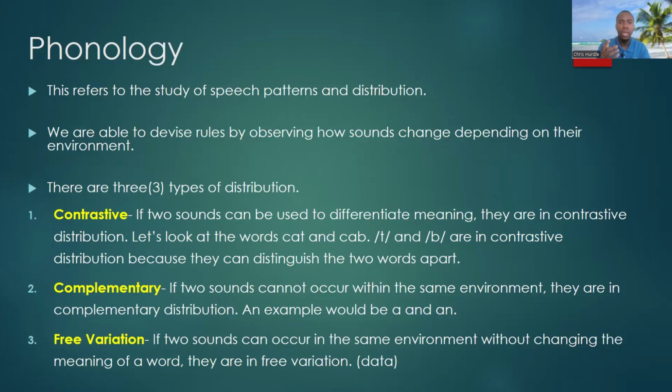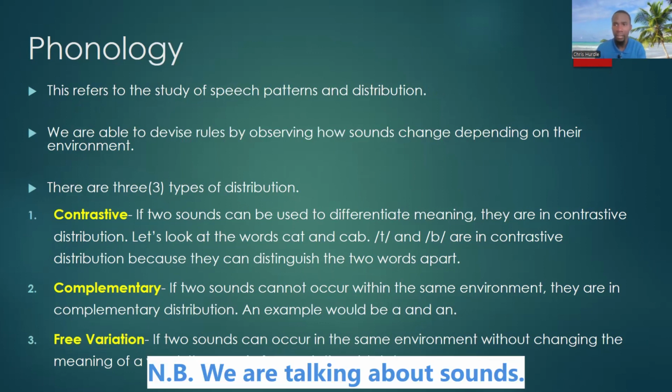An example would be a and an. We already know that in English, a is followed by a consonant and an is followed by a vowel. So if we have an, we know that a vowel is going to be next. An egg, an umbrella. You don't say a umbrella, an umbrella.